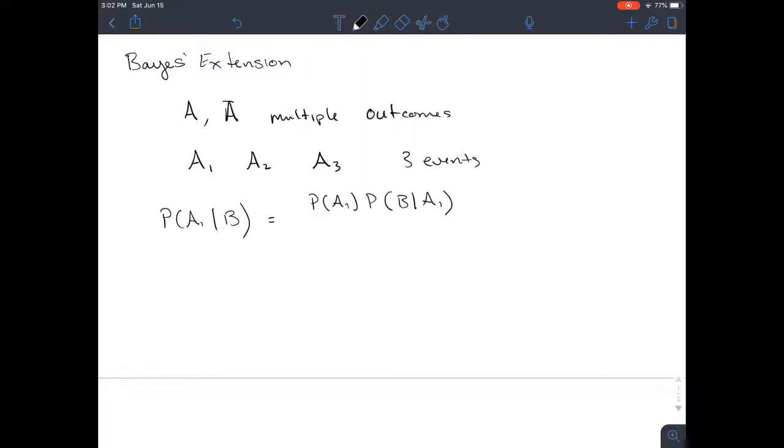So the top will stay mostly the same. And now, instead of having 2 brackets we add to each other, we'll have a third.